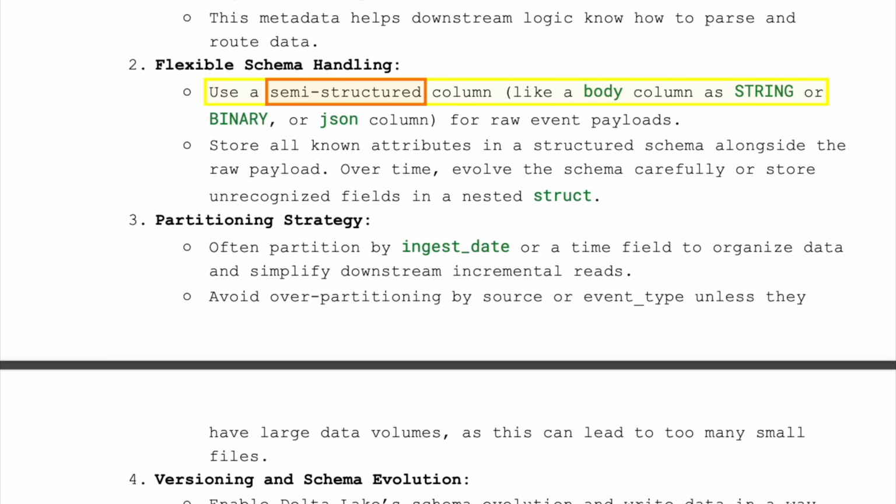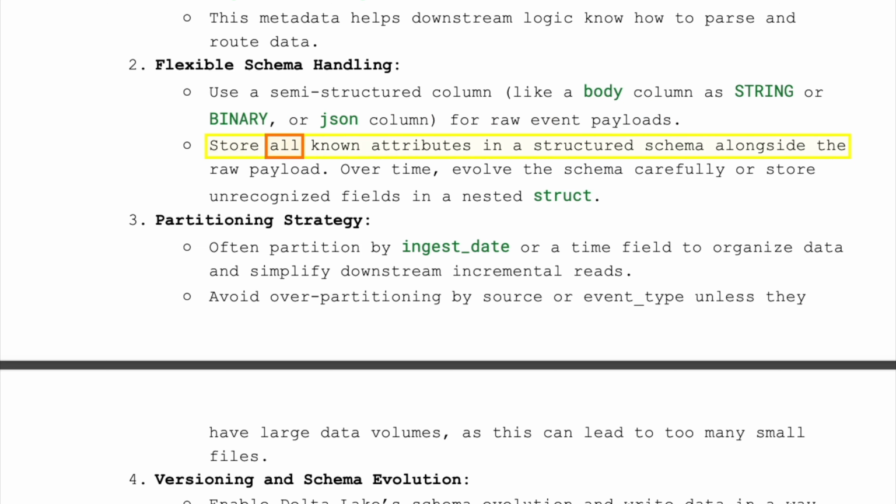Use a semi-structured column like a body column as string or binary, or a JSON column for raw event payloads. Store all known attributes in a structured schema alongside the raw payload. Over time, evolve the schema carefully or store unrecognized fields in a nested struct. 3. Partitioning strategy. Often partition by ingest_date or a time field to organize data and simplify downstream incremental reads.